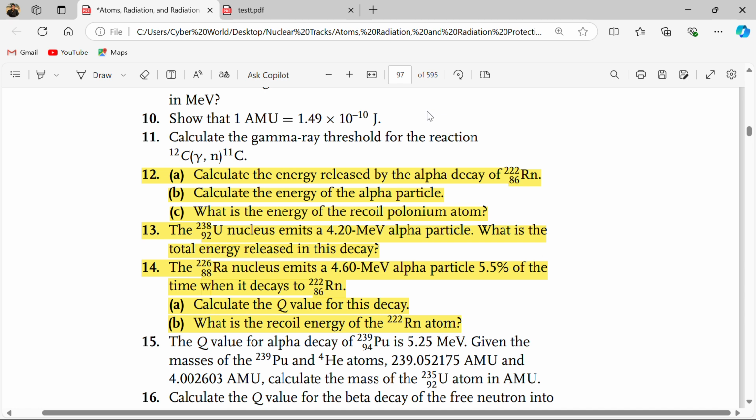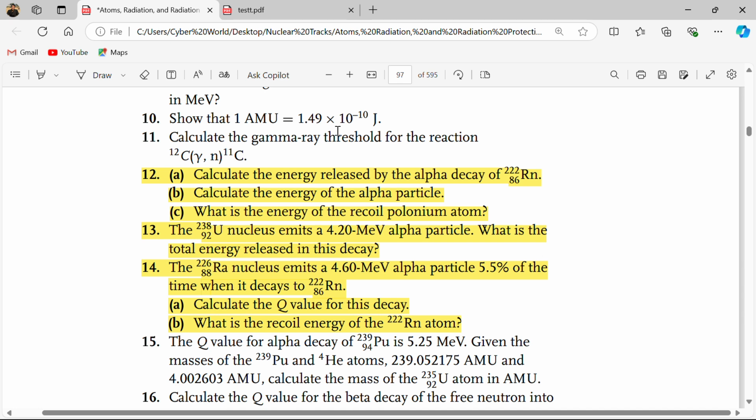So let's start. Our first problem is to calculate the energy released by the alpha decay of radon-222, atomic number 86.